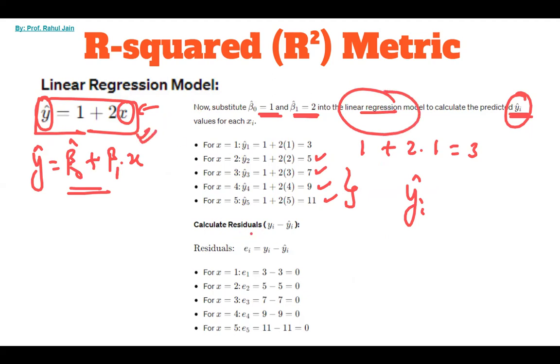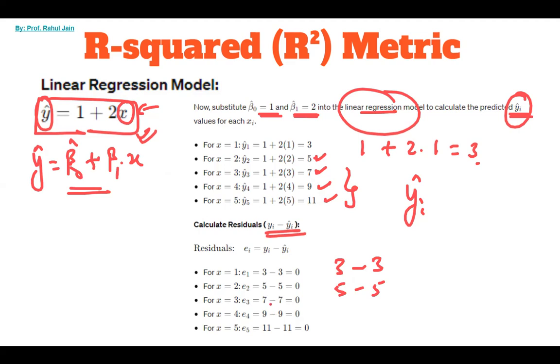After that, we are going to calculate residuals, that is the difference between the observed value and the predicted value. For y1, 3 minus the predicted value, which is also 3. Here also for x2, 5 minus 5.